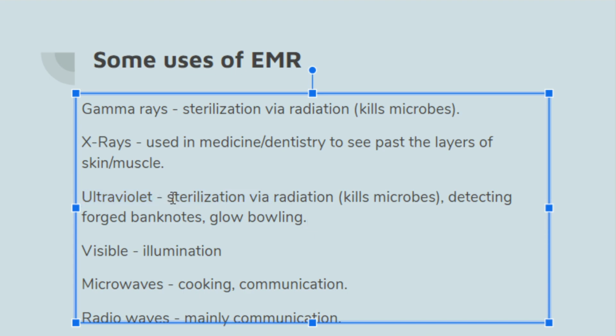But there is a way that we can use it to sterilize things. Sometimes you use them when you're camping or something. Visible light, obviously we use that for illumination, so we can see stuff. Microwaves, we use that for cooking. That's why microwave ovens are called that. They literally shoot microwaves out to heat stuff up. We also use microwaves for communication, and radio waves are mainly used for communication.